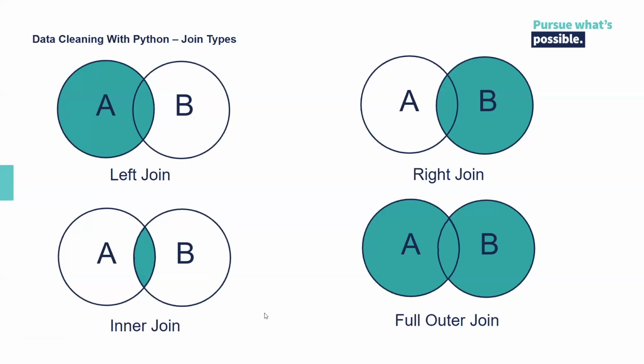You have an inner join, which is only going to give you the records that match between tables A and B. And then you have a full outer join, which is going to give you all the records from both tables, and the ones that match will be joined together. Let's take a look and see what those look like in practice.